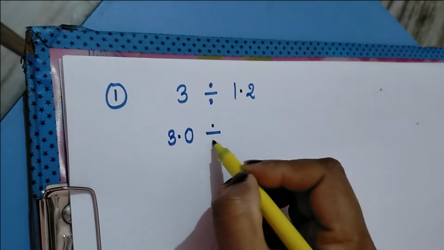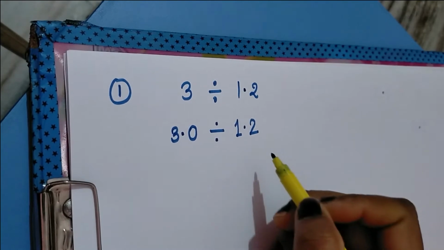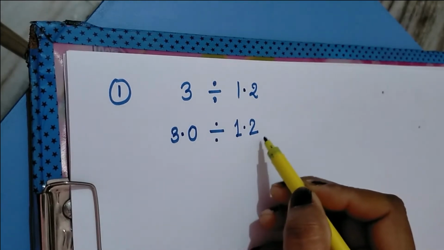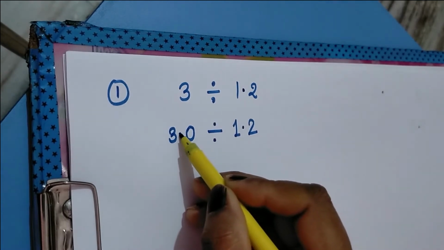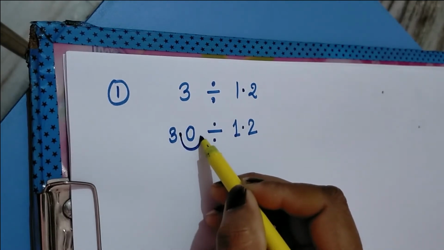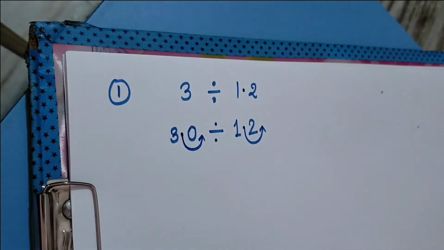Now the division sign, and here it is 1.2. Now we will try to remove the decimal point from the divisor. So what we need to do here, we will move the decimal point one digit right in both dividend and divisor.